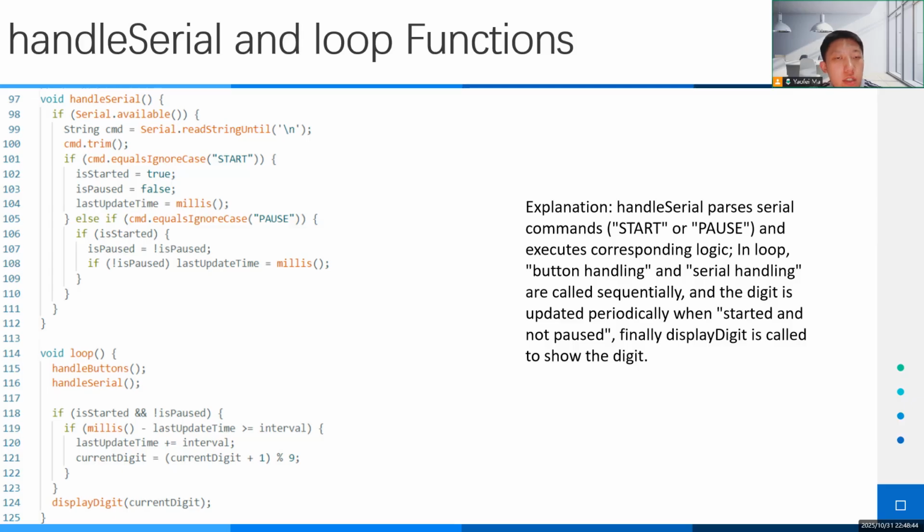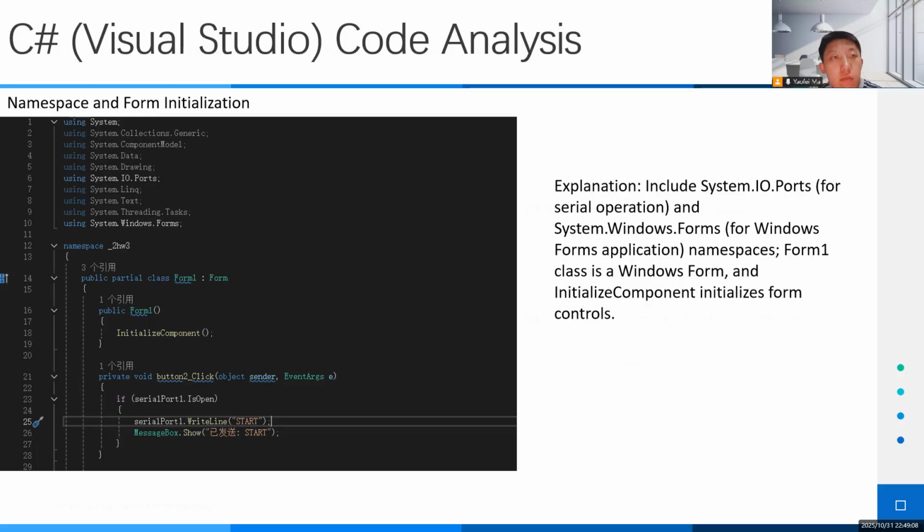If counting is started and not passed, every 300 milliseconds, it updates the digit from 1 to 2 up to 9 and back to 1. Then it calls display digit to show the new number. This is the Arduino code.